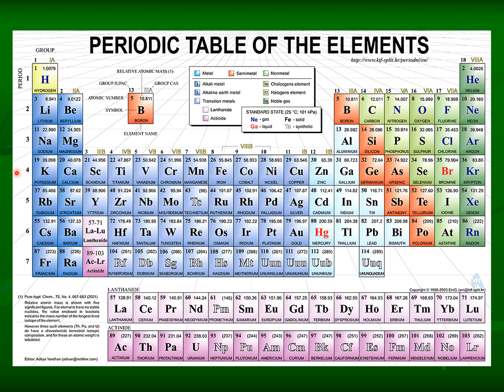You will notice that the periodic table has rows and columns. The rows, which in chemistry they call periods, but just think of them as rows, are telling you how many shells you have. Up here in row 1, they only have 1 shell.